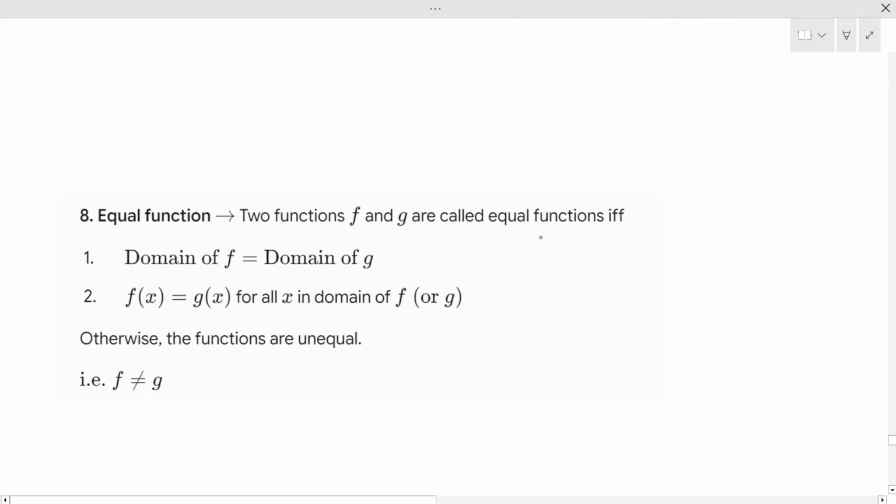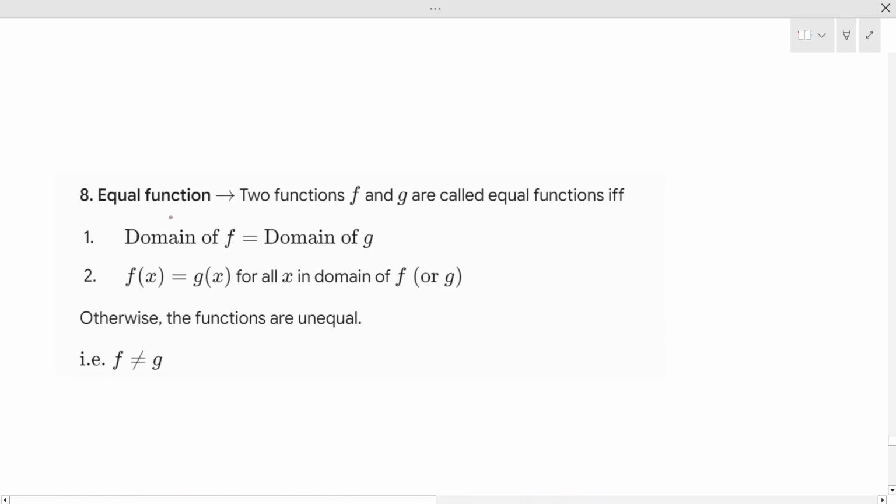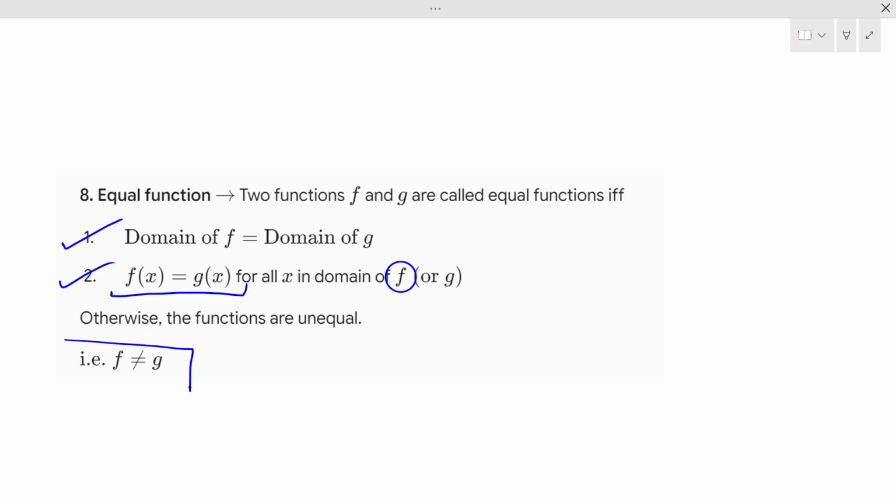Next is equal function. Two functions f and g are called equal functions if these two conditions are satisfied: their domains are the same and f(x) equals g(x) for all x in the domain. Since their domains are the same, you can take x in either f or g, right? And if any one of the conditions fails, then the functions will be unequal.